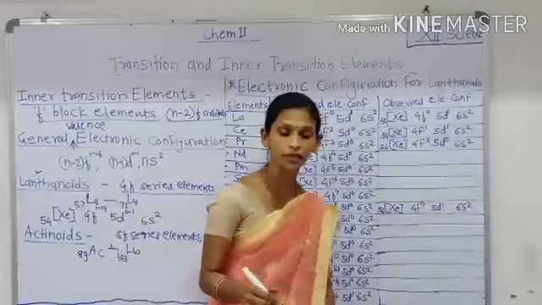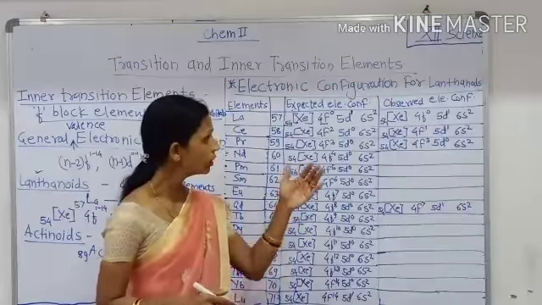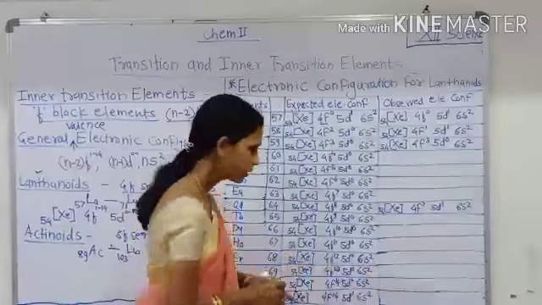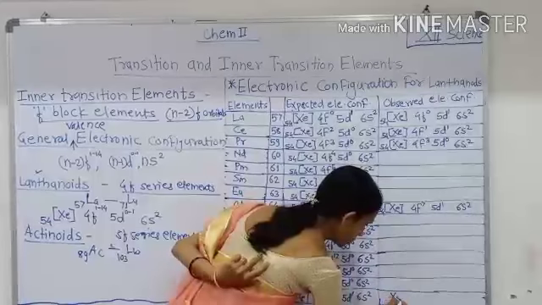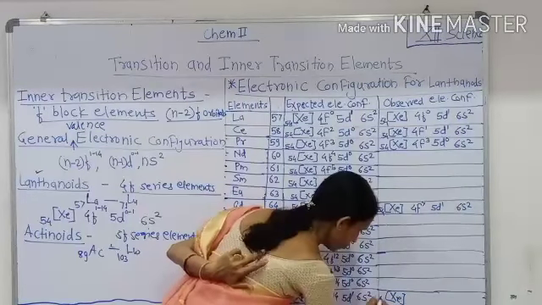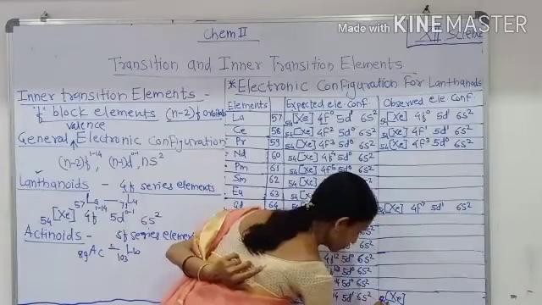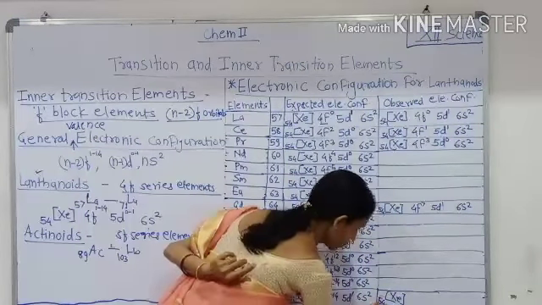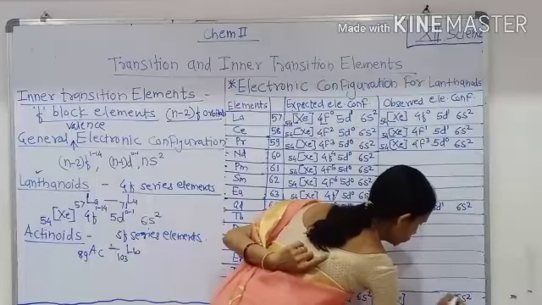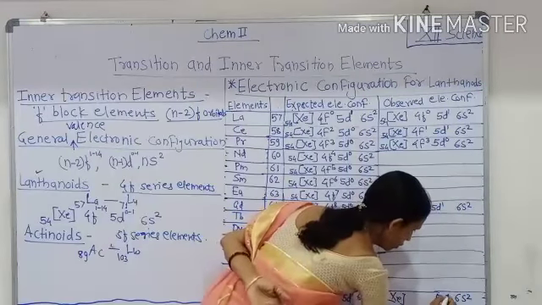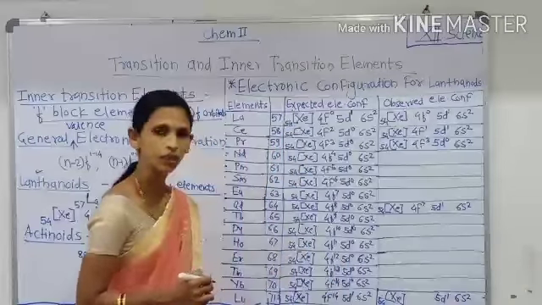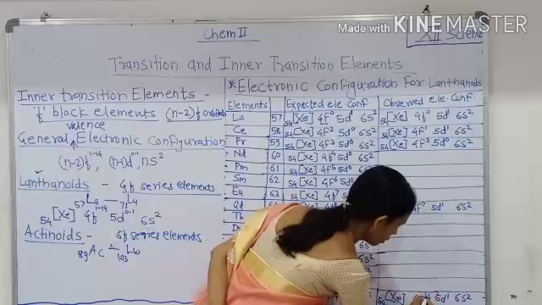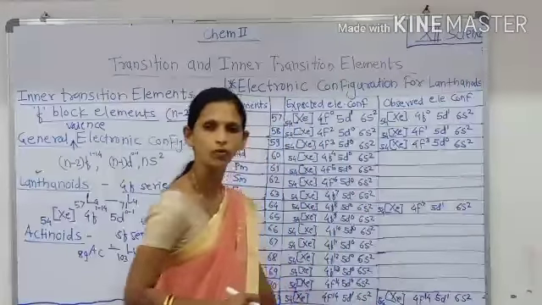Similarly, we can write the observed electronic configuration for lutetium first. Then see here, for lutetium, xenon 54, 6s2. Here also in 5d, 1 electron is there in this orbital, and in 4f, 14 electrons are present in the 4f orbital.